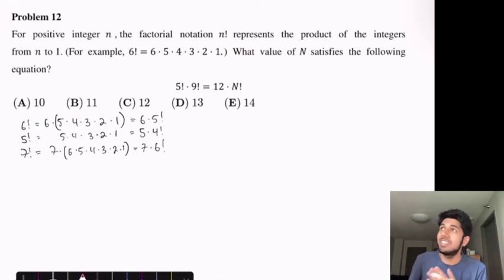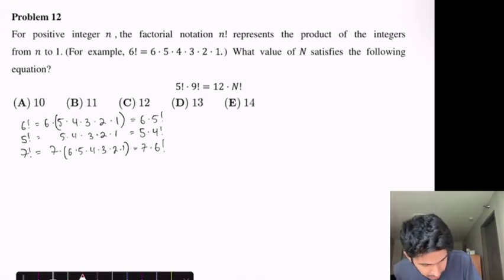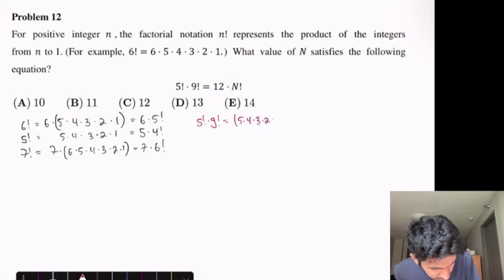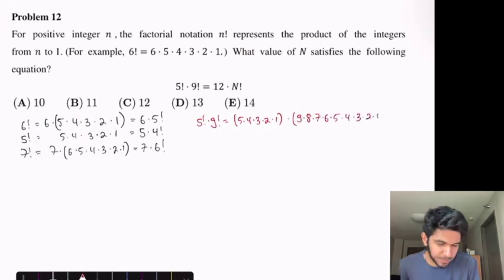We are given the factorial definition, like multiplying these numbers. So let's just apply that to 5 and 9 and see what happens. So 5 factorial times 9 factorial is going to be equal to 5 times 4 times 3 times 2 times 1 times 9 times 8 times 7 times 6, 5, 4, 3, 2, 1.